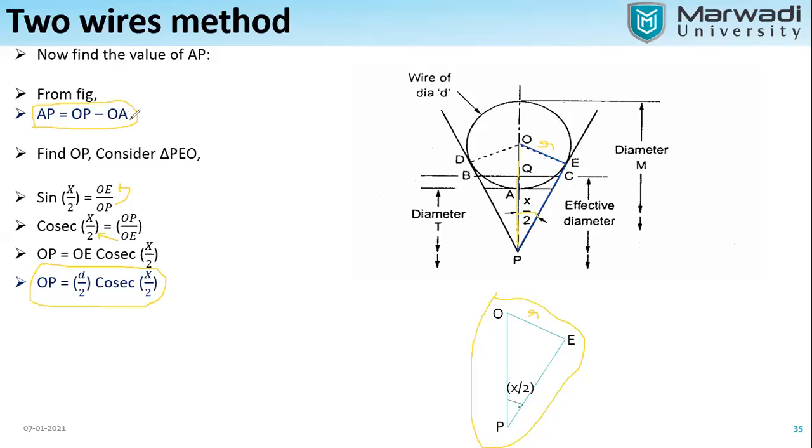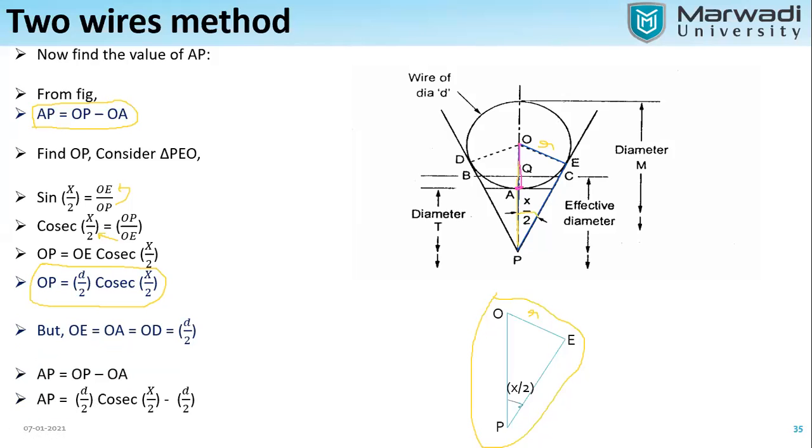Now we want OA. As we know, OA is nothing but simply the radius of the circle, or we can say it is the diameter by 2. So we can get AP. First let's find the answer of AP. You can see AP is OP minus OA.